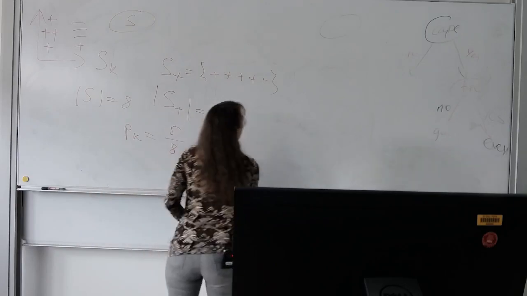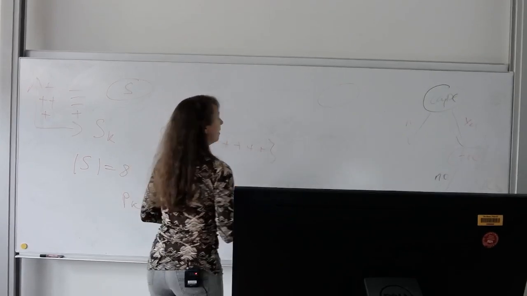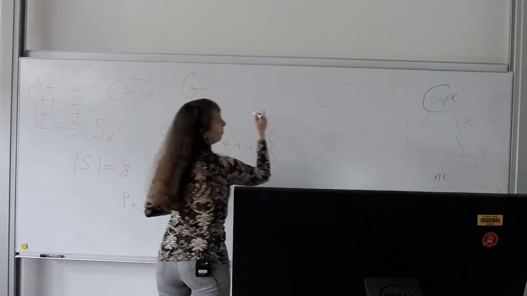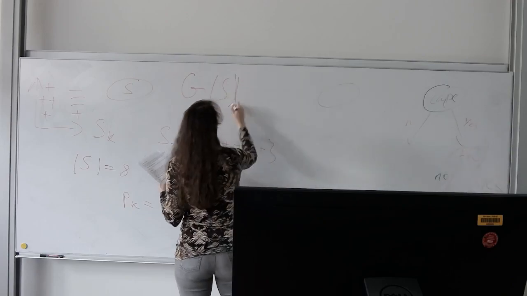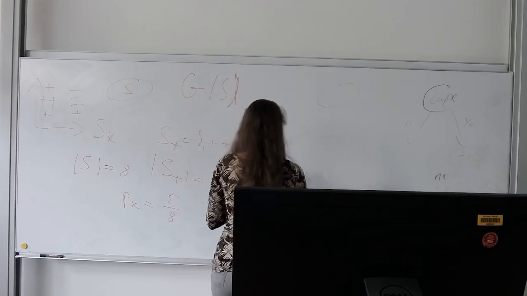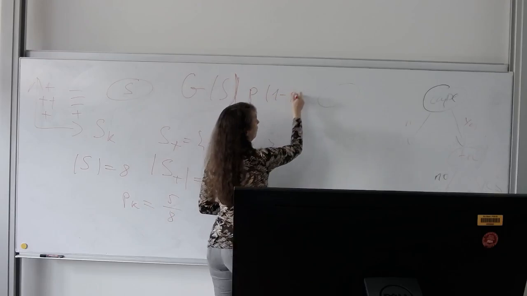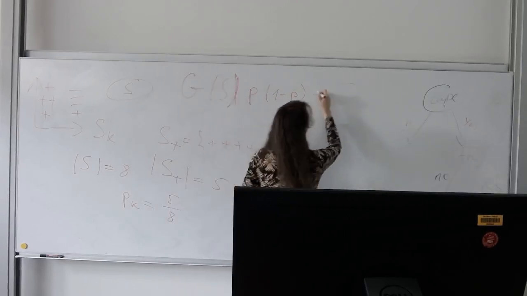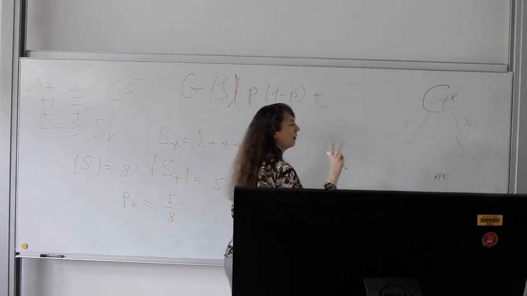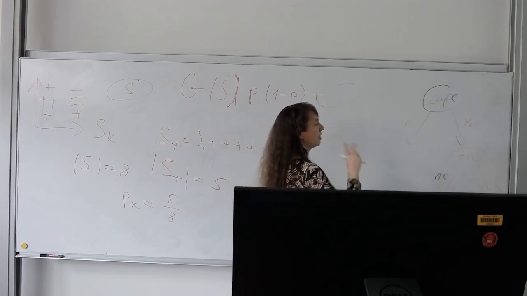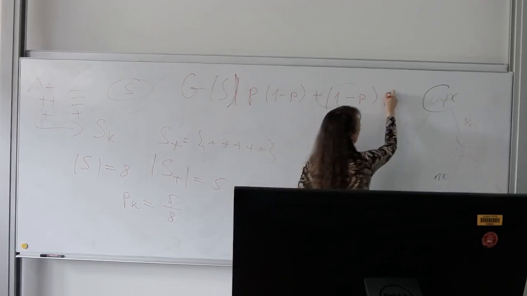In the case if we have only 2 classes, then our Gini of S would be the probability of picking the first class times the probability of not picking the first class, plus the probability of picking the second class times the probability of not picking the second class. And since we only have 2 classes, the probability of picking the second class we can write as the probability of not picking the first class.